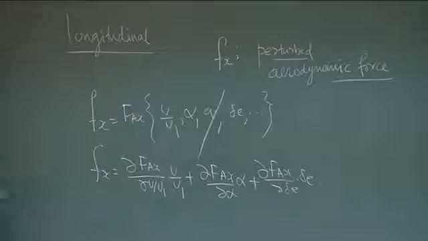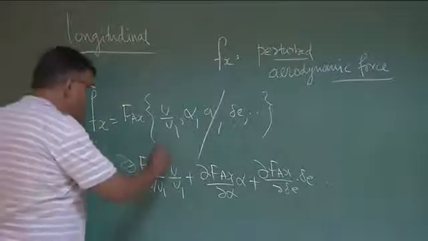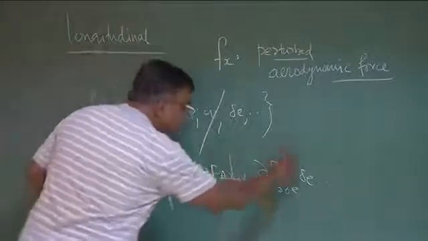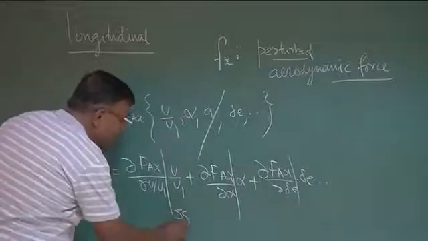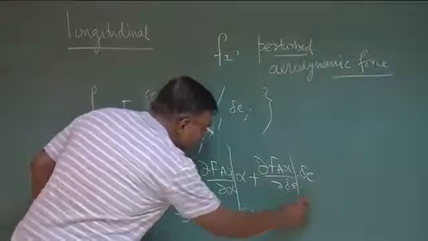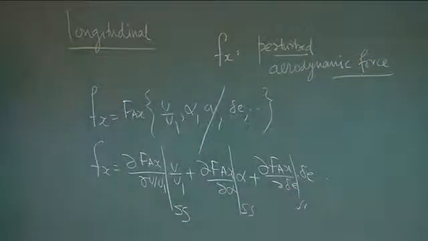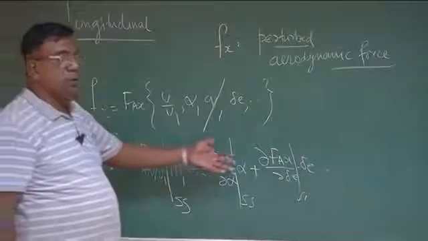What was the understanding of dFax by du by u1? All these derivatives are said to be evaluated at steady state. That is important. Okay, and we derived some expression for this. Those you could see.